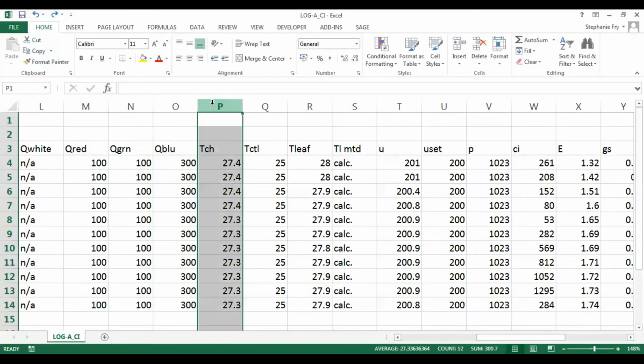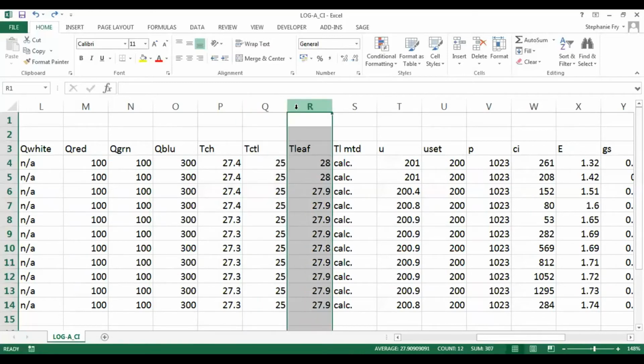TCH is temperature in the leaf chamber in degrees centigrade. Temperature control denotes the user set value in the climate menu, in this case 25 degrees centigrade. T leaf denotes the leaf temperature as given through the springy sensor in the lower jaw.